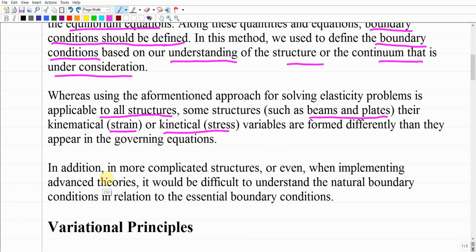Also, in addition to this, in more complicated structures, or even when implementing advanced theories, like in the project, where you are required to use a couple stress theory, or the non-local theory, or even the micromorphic theory, these advanced theories have boundary conditions that are not conventional.